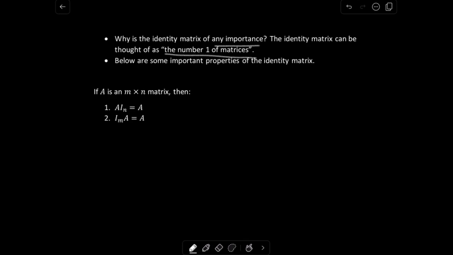So below are some of the important properties of the identity matrix. If A, so we're going to consider this general matrix A, and it's m by n. So it has m rows and n columns. Then you take A, which is m by n, and multiply it by the I_n matrix, the n-dimension identity matrix.